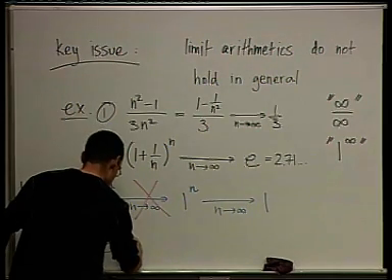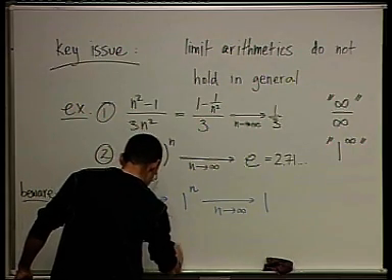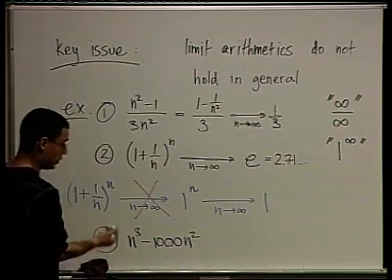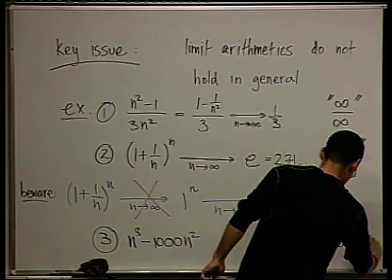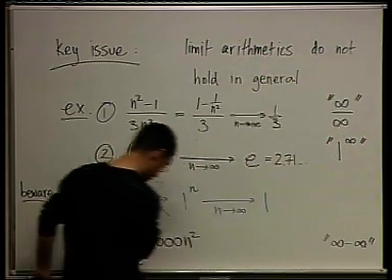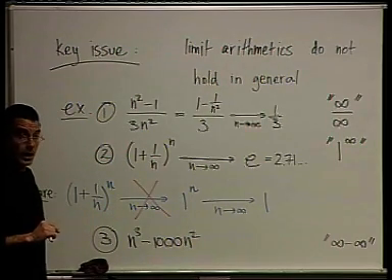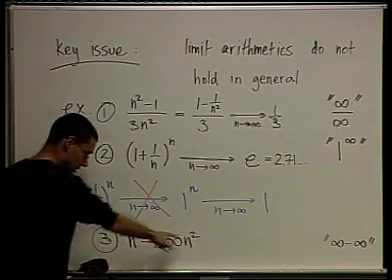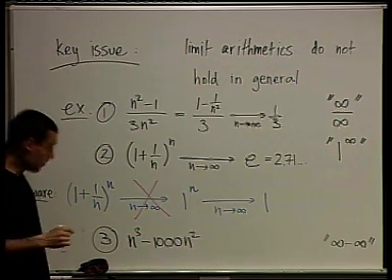Everybody with me? Okay. Another example may be n to the power 3 minus 1000 n squared. Do you agree that this is a situation of infinity minus infinity? This goes to infinity, this goes to infinity. Do you agree? Is it true that this goes to 0? No. Very not true. What does this go to? What's your intuition? Infinity, right?